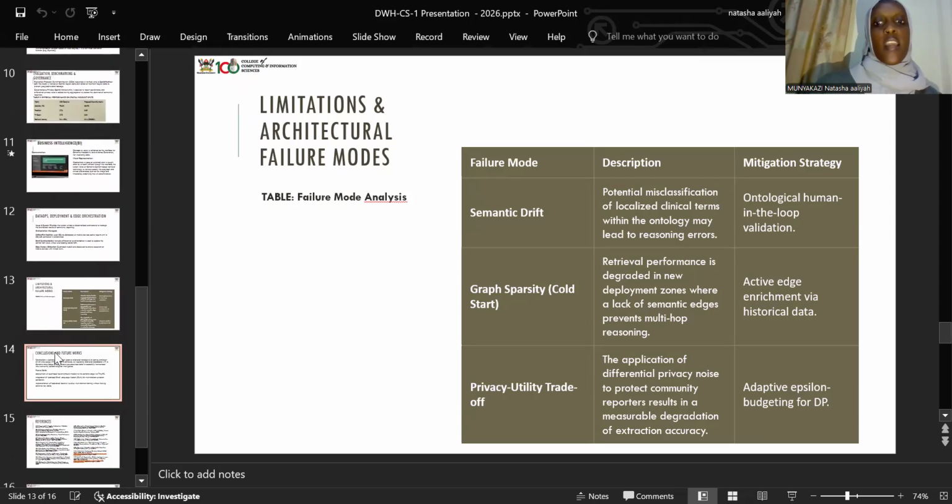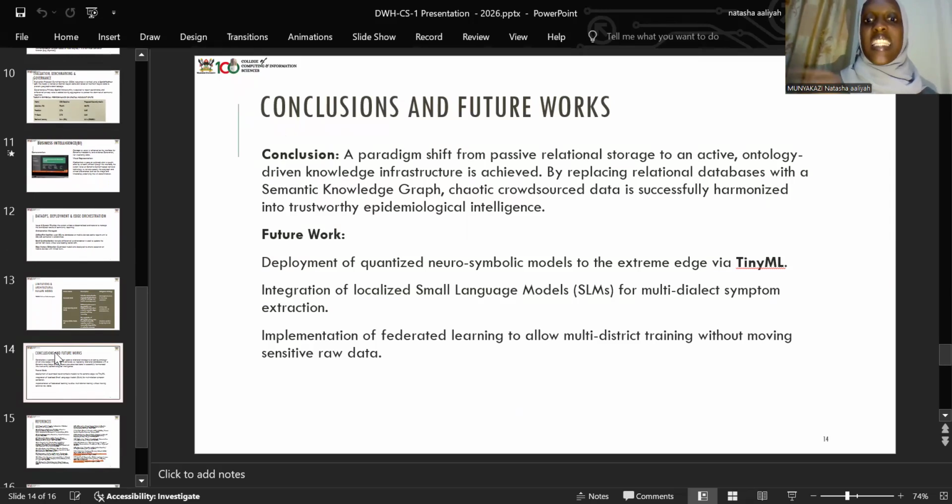As I'm concluding, the project demonstrates that semantic aware knowledge graph architectures can improve crowdsourced epidemiological surveillance in low-resource environments. By integrating neurosymbolic AI, semantic ingestion, and offline first deployment, the system provides more explainable and trustworthy epidemiological intelligence.